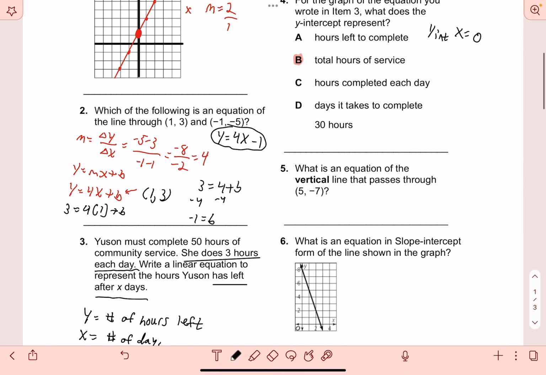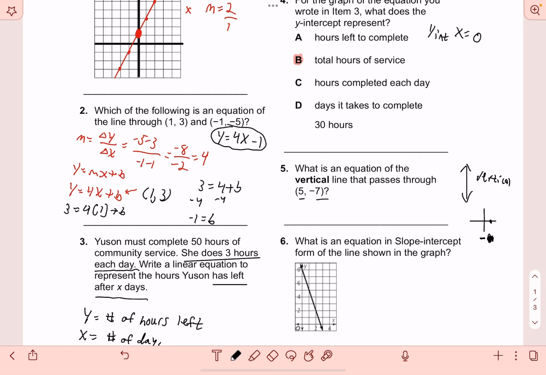Now, what's the equation of the vertical line? A vertical line goes straight up and down. Notice, it has to pass through 5, -7. So if you think of an axis, 5 would be somewhere over here, -7 would be somewhere over here.